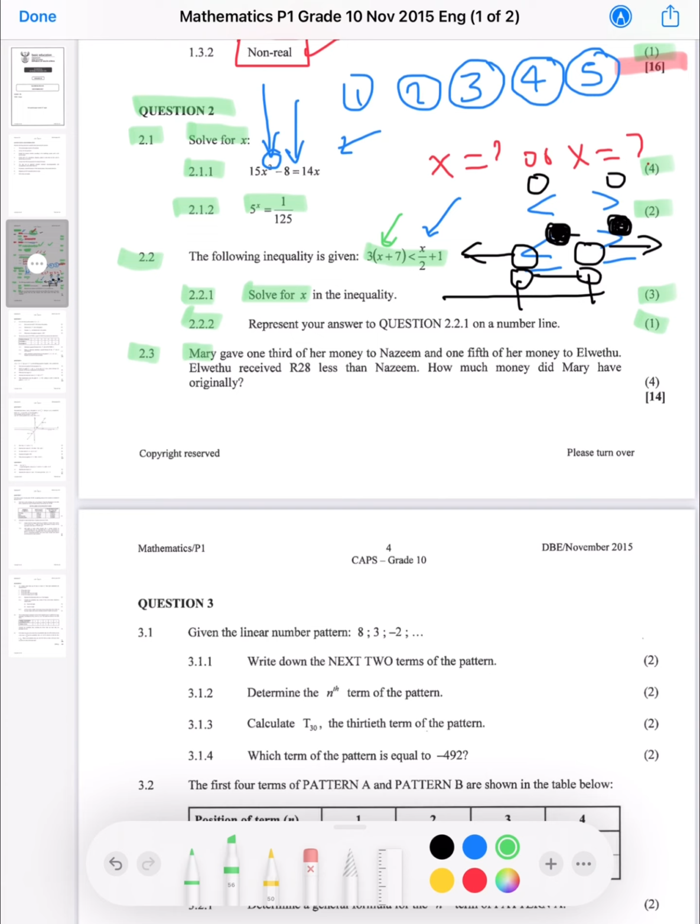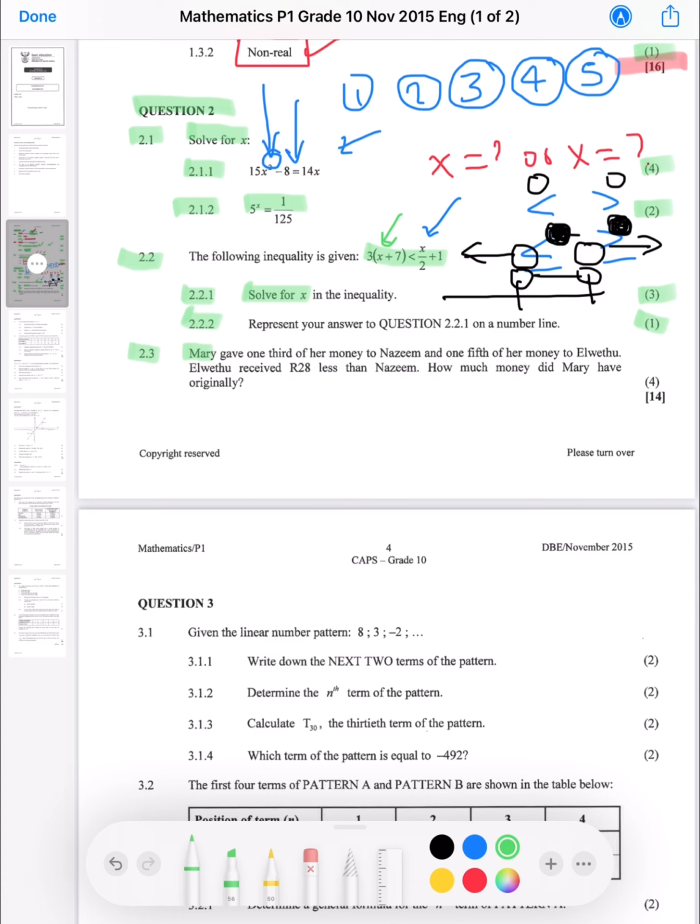Okay, Elway too received 28 rand less than Nazim. Okay, so Elway too received 28 rand less than Nazim. How much money did Mary have originally?